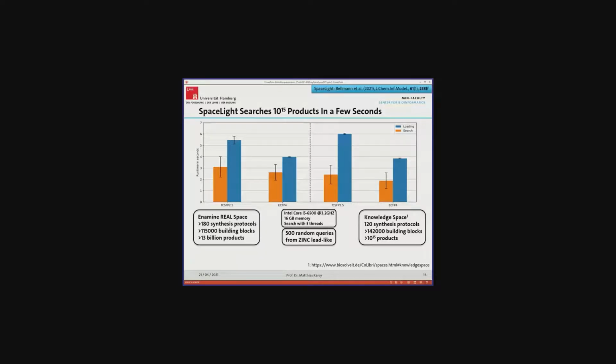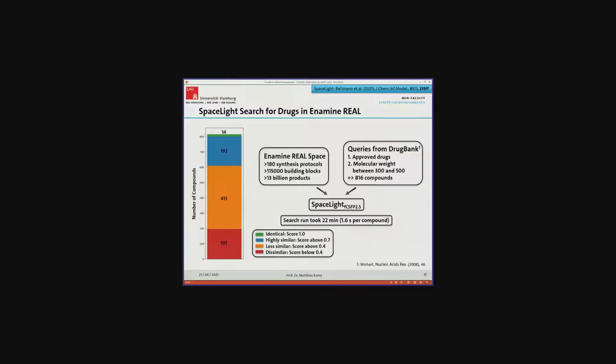So it's a REAL Space, an older version with 13 billion products. This is the knowledge space, with 10 to the 15 products. And you see that you can search these spaces usually in a few seconds. And you basically only need a regular computer for this. You don't need a big machine actually to do these searches.